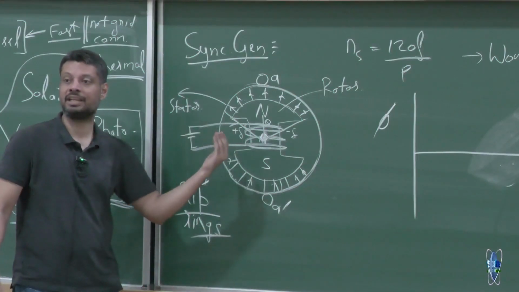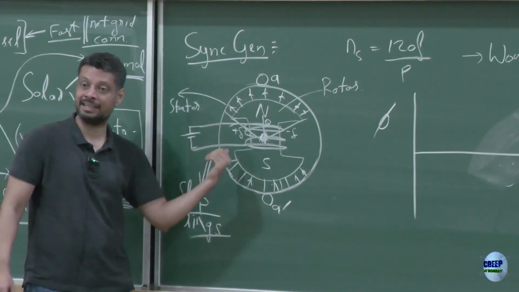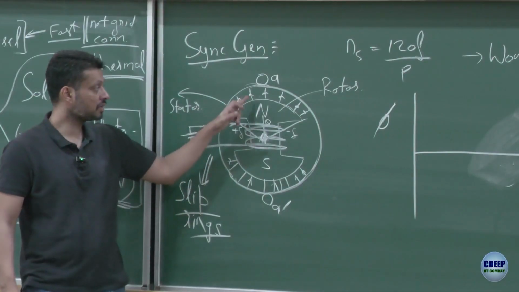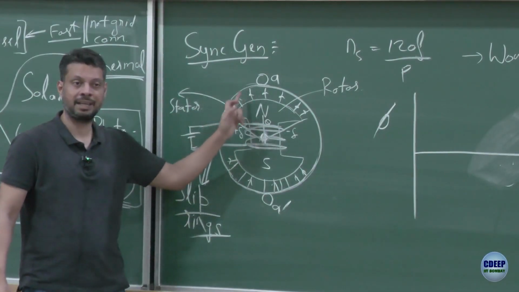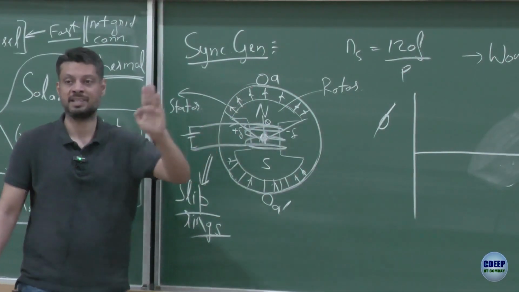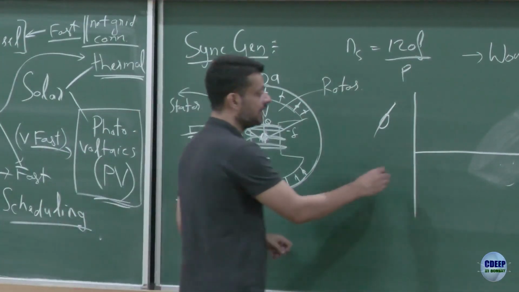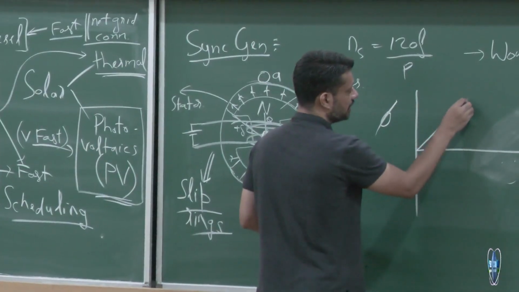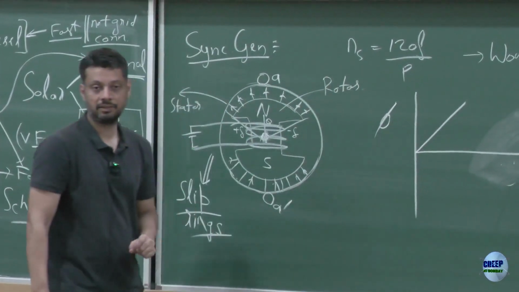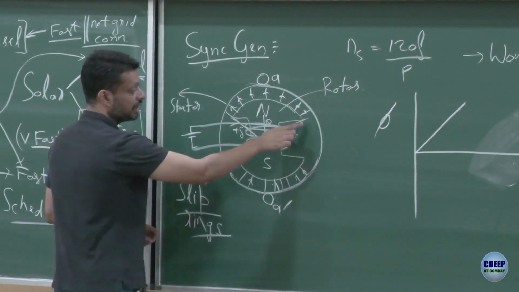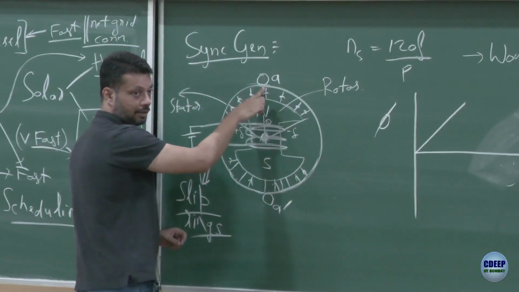If you rotate it 2 degrees, you will have double the flux. If you rotate it 3 degrees, you will have 3 times the flux, because more and more lines start coming here, and each line represents an equal flux, right. And therefore as you are rotating it, your flux is increasing linearly, till this point comes and touches here.